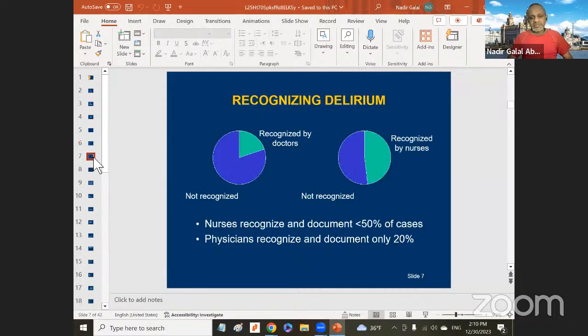How to recognize it? It is mostly recognized by people who know the patient. At the hospital, nursing staff who are on the floor for a long period recognize the patient is different.